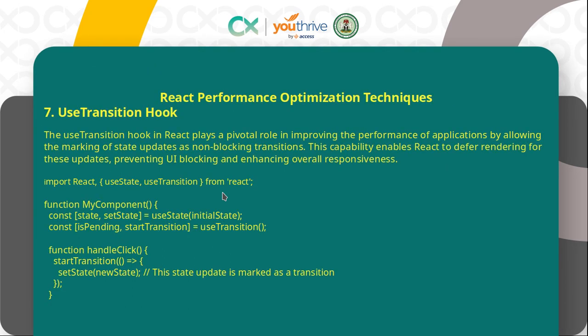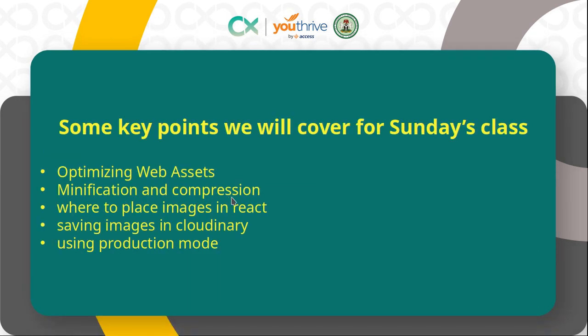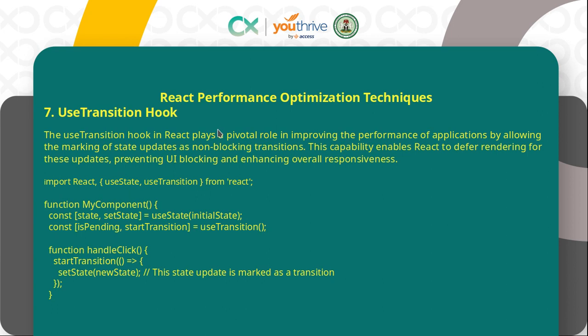So the last one, I guess, is the useTransition. Yes, it's the useTransition. So this useTransition hook in React plays a pivotal role in improving the performance of an application by allowing the marking of state updates as non-blocking transitions.